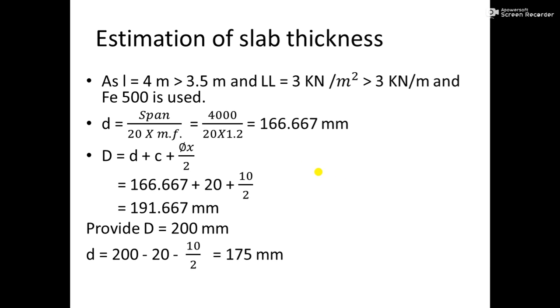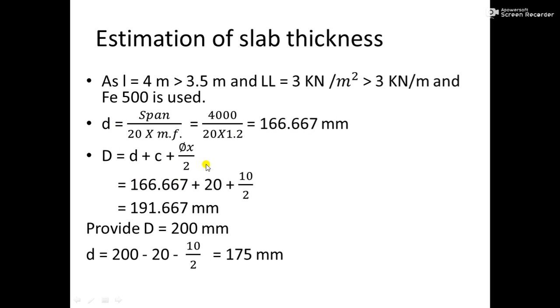As Lx is 4 meter, which is greater than 3.5 meter, and live load 3 kN per meter square, which is greater than 3 kN per meter square, and Fe 500 is used, d is equal to span upon 20 into MF. That is, this d assumed is 166.66 mm. You can say it as 170 mm.